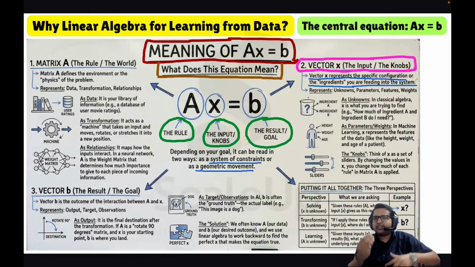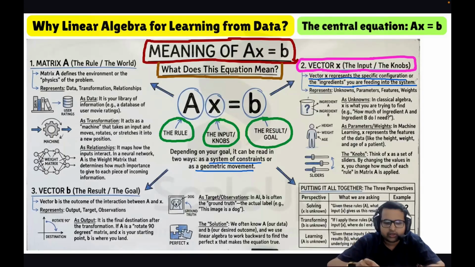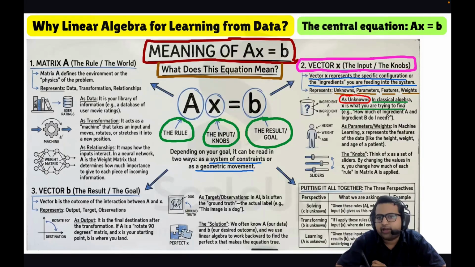Vector x can represent the unknowns, the parameters, the features, or the weights. If the vector x is representing unknowns, then in classical algebra, x is what you are trying to find.